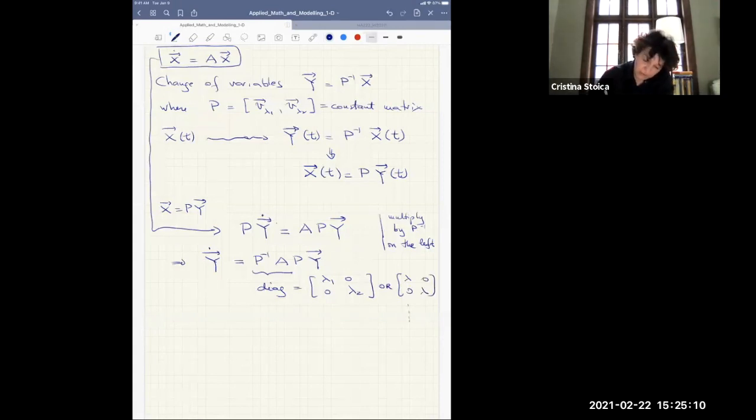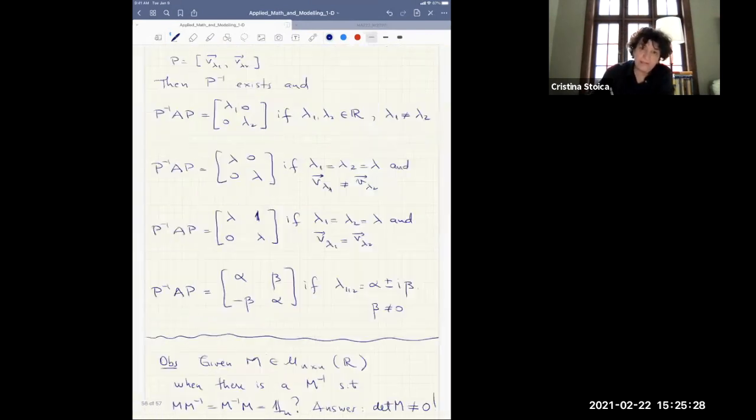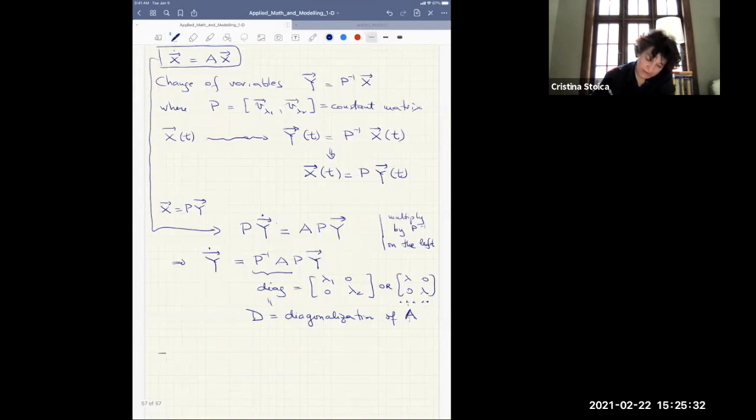Let's just call this one D, and understand that this is the diagonalization of A. I'm going to put here dot dot dot, see the previous page. So we end up with y dot equals D y.